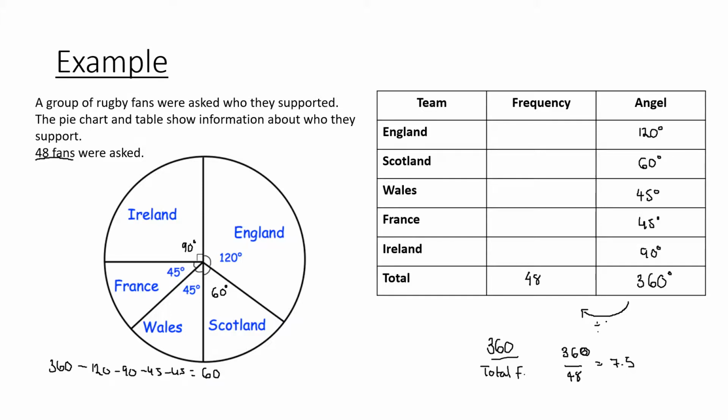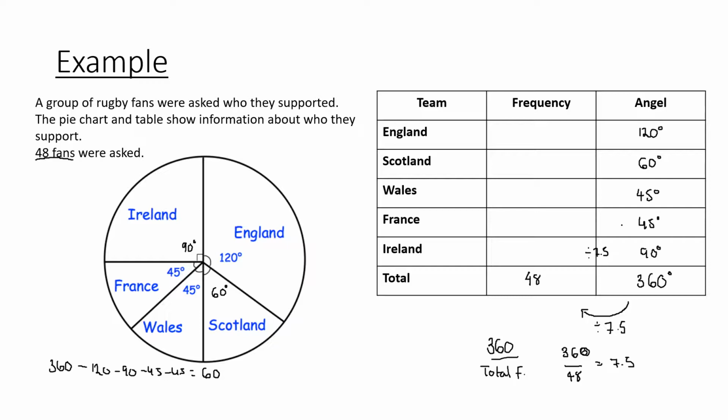Okay, and now that means that 360, you can double check it, 360 divided by 7.5 gives you an answer of 48. Okay, so now that we've found out how we get from 360 to 48, all we have to do is the exact same thing to every other angle. So we have to divide our angle by 7.5 to find out the frequency for each one of our teams, of how many fans supported each individual team.